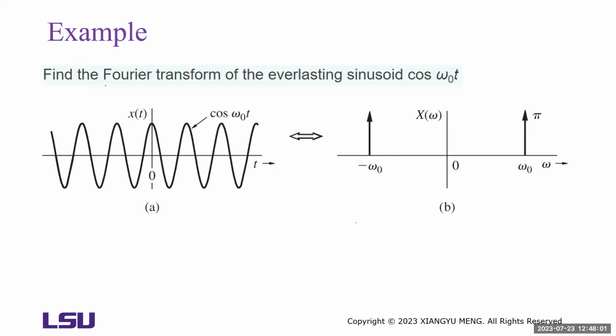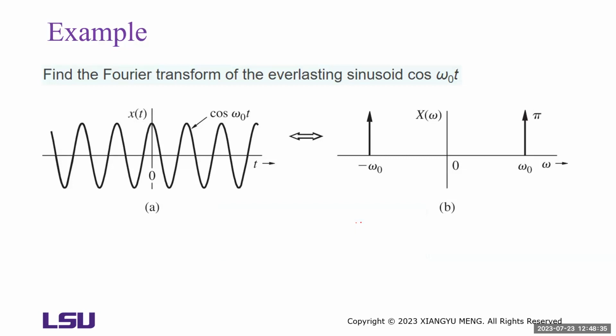This example is to find the Fourier transform of the everlasting sinusoid cosine omega 0 t. Using the Euler formula, we know cosine omega 0 t is one half of exponential j omega 0 t plus exponential negative j omega 0 t.